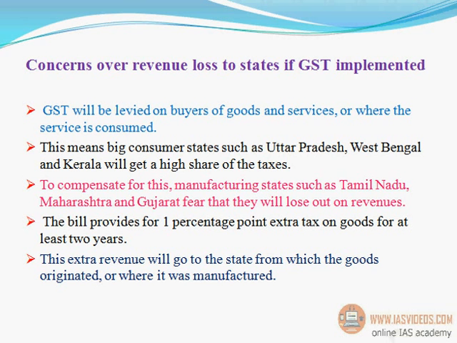Manufacturing states such as Tamil Nadu, Maharashtra and Gujarat fear that they will lose out on revenues. The bill provides for 1 percentage point extra tax on goods for at least 2 years. This extra revenue will go to the state from which the goods originated, or where it was manufactured.